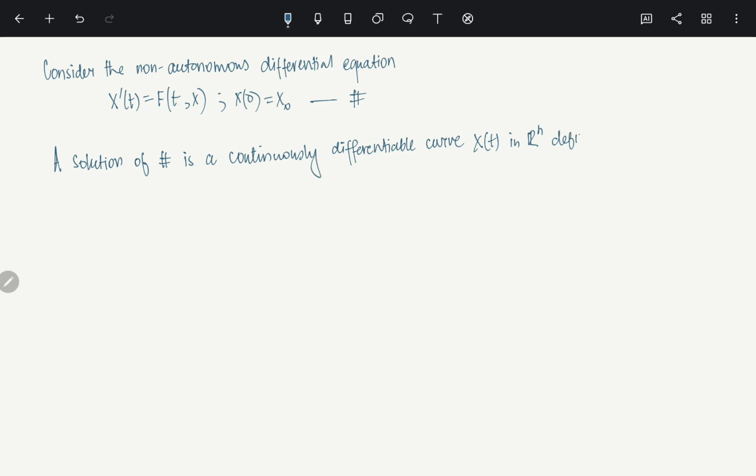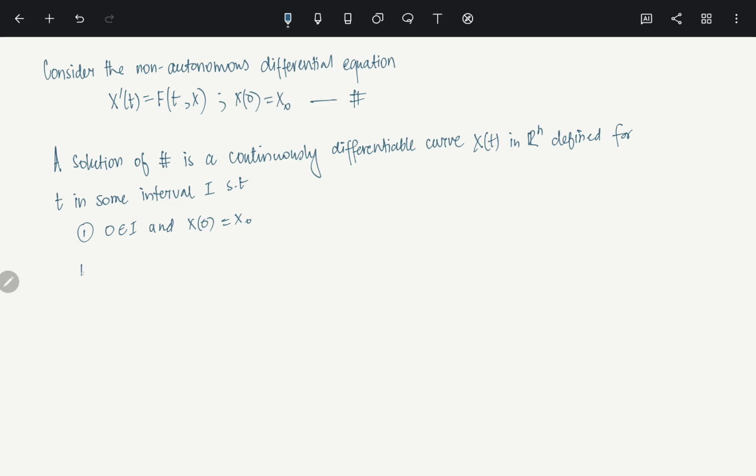Defined for t in some interval, let's say I, such that number 1, 0 is in I and x(0) has to be x naught. Of course that should be true, right? So the solution which you are going to get should be defined in a neighborhood of 0.